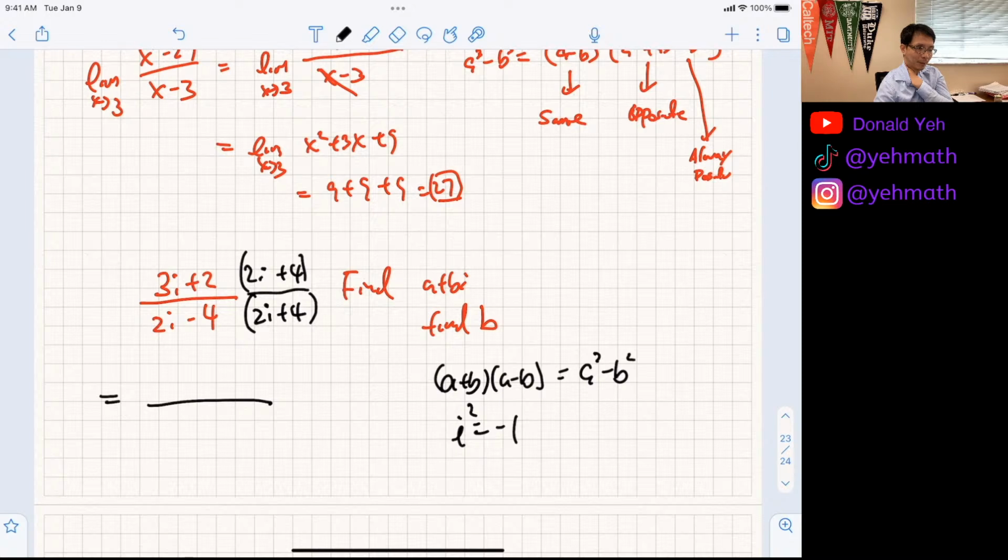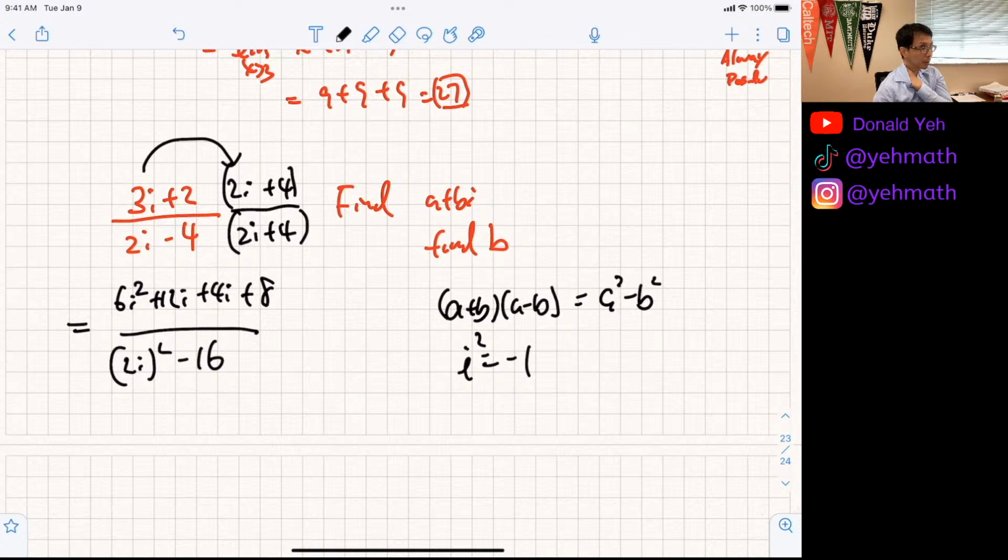So on the bottom, it's going to be 2i squared minus 16, right? Does that make sense? On the top, it's going to be 6i squared plus 12i plus 4i plus 8.